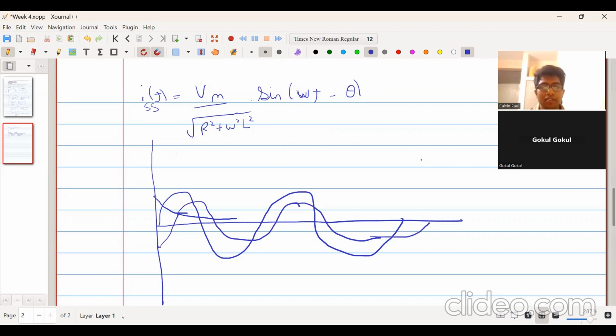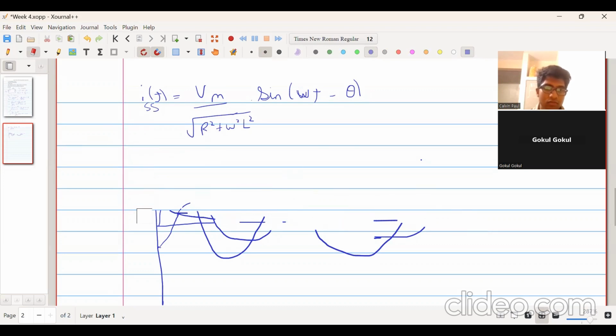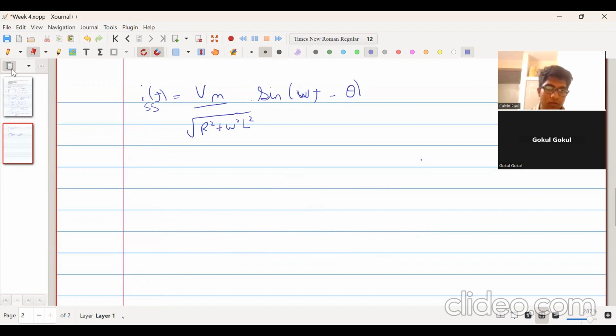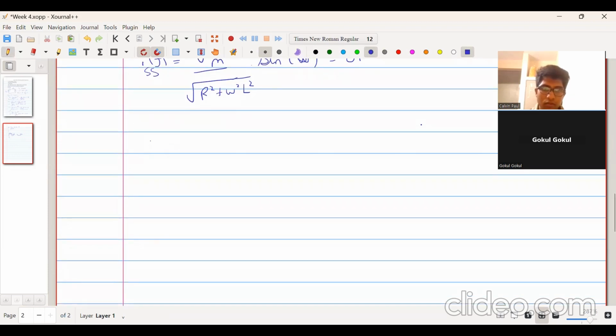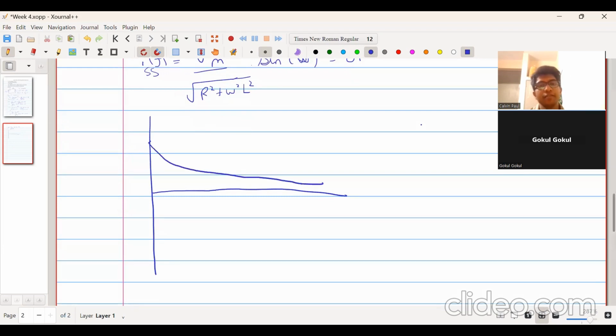In actual reality, one component of the current will be decaying to zero exponentially, whereas the other component will start like this. It will go like this, like this, like this.